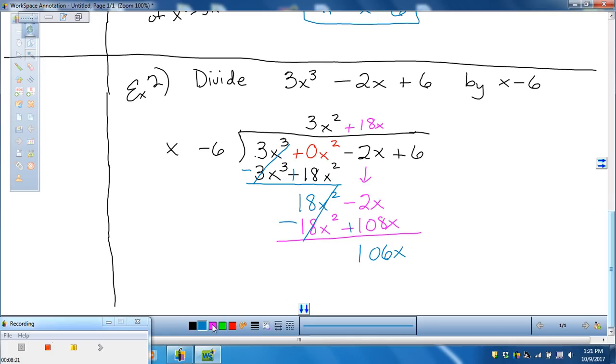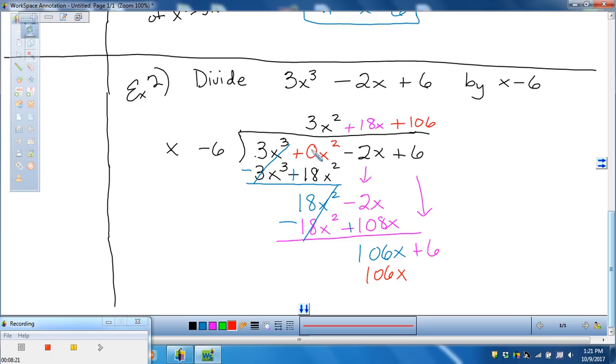And now we bring down our next term, which is also our last term. And so now the question is, what do we need to multiply by x to get 106x? And if you said 106, you are correct. 106 times x is 106x. 106 times 6 is another big number.